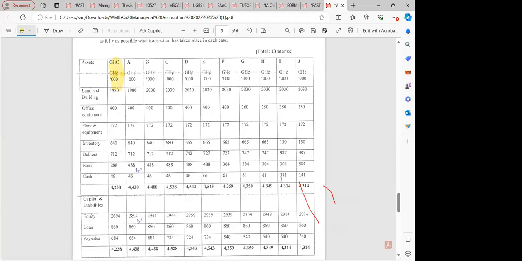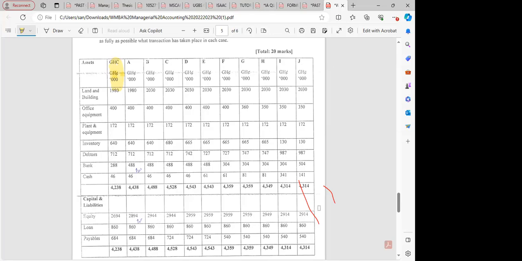Bank is the same. Cash is gone up. Cash is gone up by 260, right? Yeah, 260. Okay. So we've seen three effects already. Inventory going down by 535, debtors going up by 240, and then cash going up by 260.